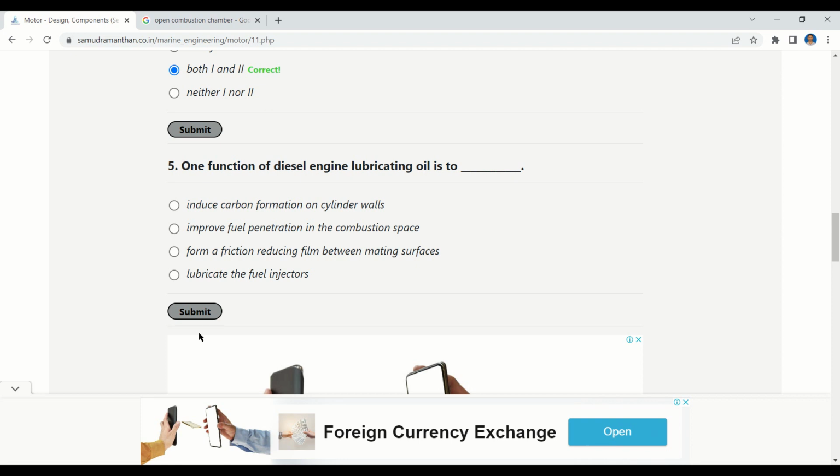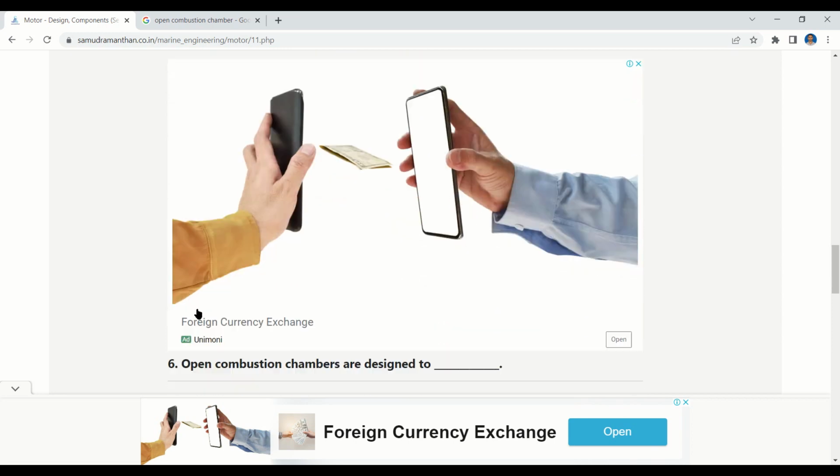Improve fuel penetration in the combustion space? There is no relation with this. Form a friction reducing film between mating surfaces? Yes, this should be the correct answer, because one of the functions of lubricating oil is to reduce friction. Lubricate the fuel injectors? No. So the correct answer will be form a friction reducing film between mating surfaces.